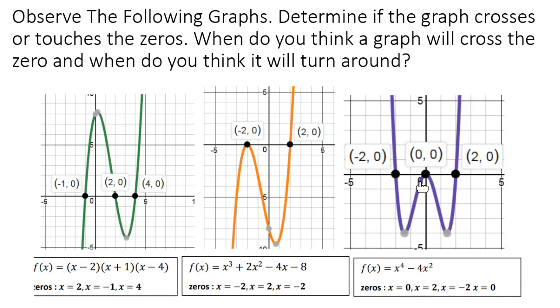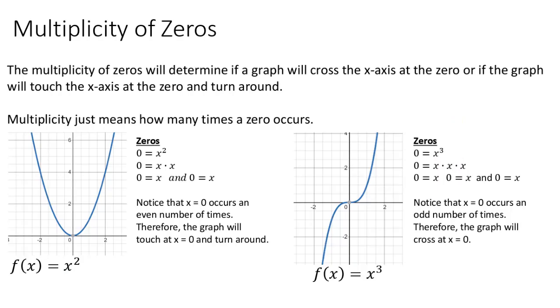And when it's listed twice, it touches and then it turns. Okay, so if a zero repeats an even number of times, it's always going to touch and turn. If it repeats an odd number of times, then it's just going to cross. Okay, and we'll look at that a little bit more closely here.